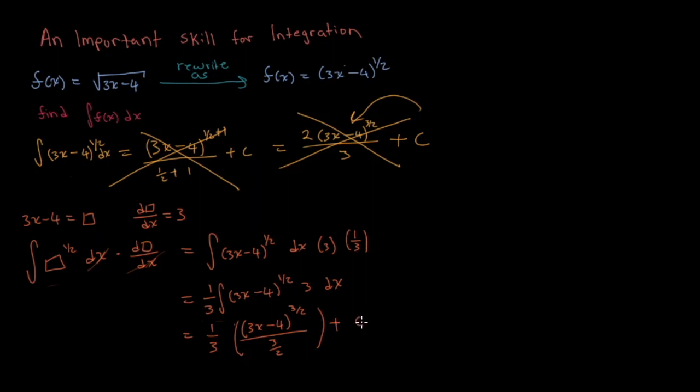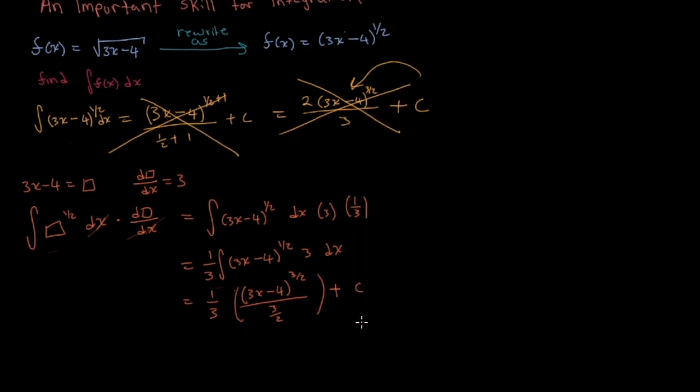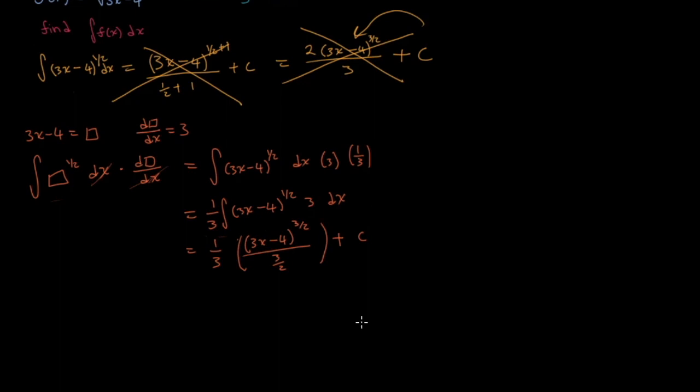plus c. Now we're going to scroll down a little bit here, and then this would be the same as 1 over 3 times 2 times 3x minus 4 to the power of 3 over 2 divided by 3, and then plus c.